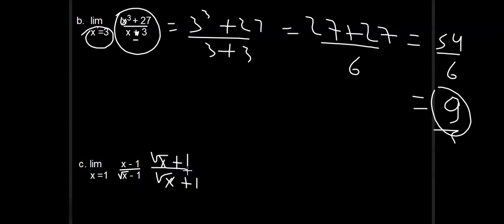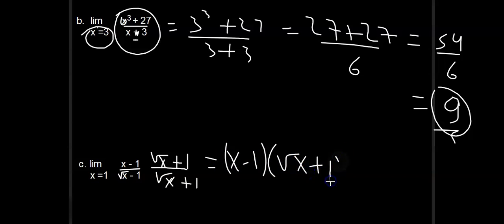So now when you multiply these two things, you're going to get what? The square root of x minus 1 times the square root of x plus 1, you're going to get x minus 1. So now it seems like I can cancel these things.